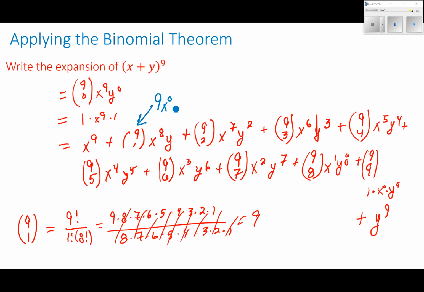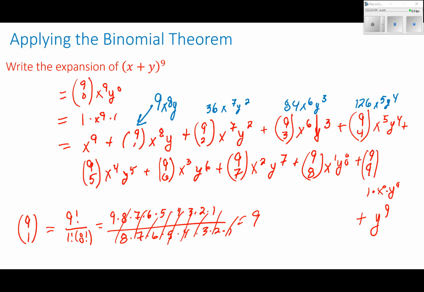So this term is 9x to the 8th y. So I have x to the 9, 9x to the 8th y. This term becomes 36 x to the 7th y squared. This becomes 84 x to the 6th y cubed. This becomes 126 x to the 5th y to the 4th.